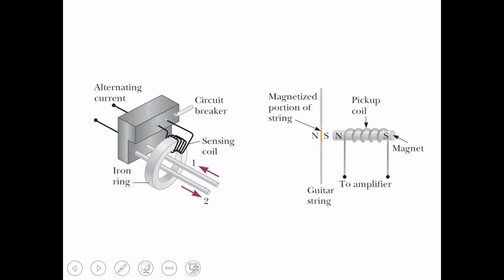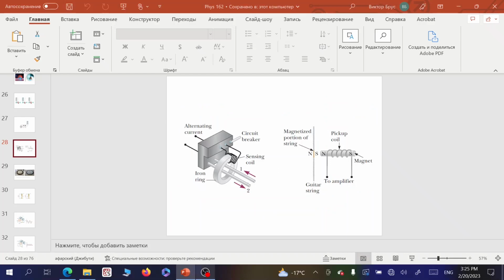So let us switch to equations a little bit. Faraday's law tells us that the induced electromotive force is equal to the negative of the first derivative of magnetic field flux over time.